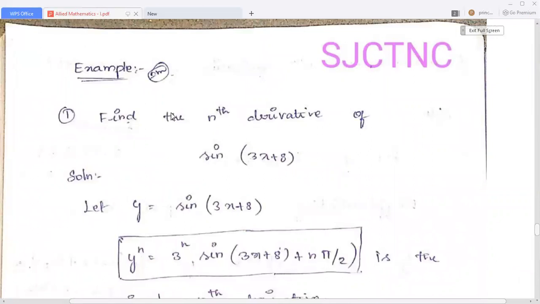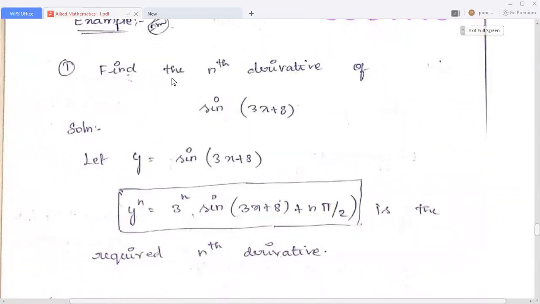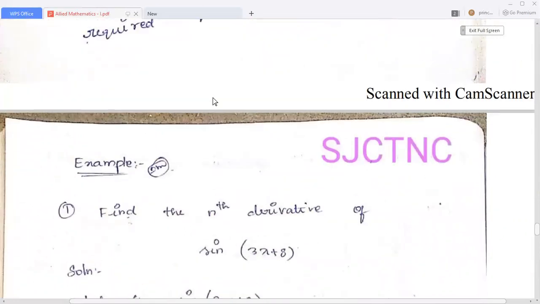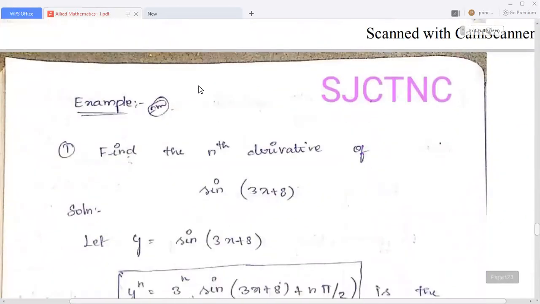Right. Now we give one example for finding the nth derivative of sine of 3x plus 8. So the given function is taken as y equal to sine of 3x plus 8. Here we use the previous formula for sine of ax plus b.